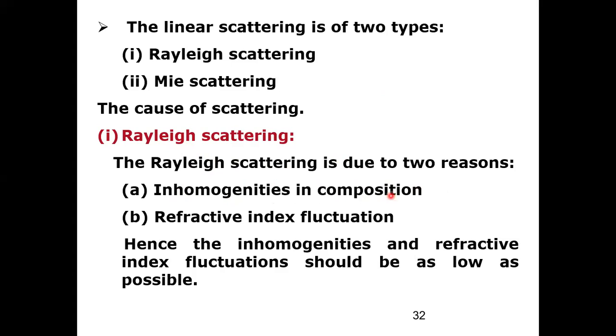Now why is Rayleigh scattering caused? Rayleigh scattering is caused due to two reasons. First is inhomogeneities in the composition of the core. As such there should be a homogeneous structure of the core when I am fabricating it, but there might be some irregularities during the fabrication process, and then the refractive index fluctuates from what it should have been, due to all those dopants.